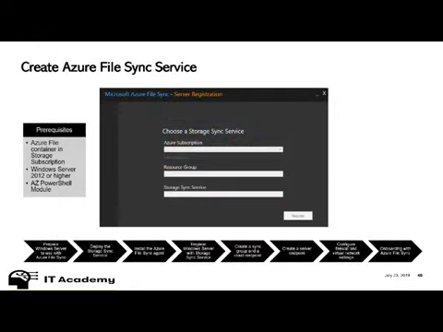When we come to configure a Windows server to run the Azure File Sync service, we have a little bit of work to do. There are some prerequisites that have to be met. First of all, we need to have already created the Azure file container in our storage subscription. Then, we need to make sure our file server is running at least Windows Server 2012 or higher. The Azure PowerShell modules need to be installed on that server. A word to the wise, when you install a Windows server, the PowerShell role can be enabled using roles and features.